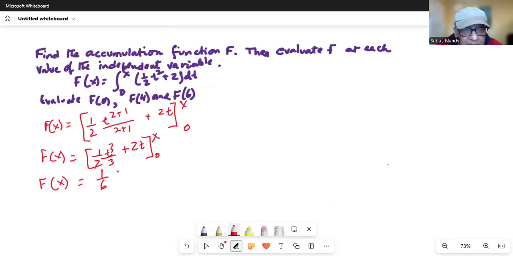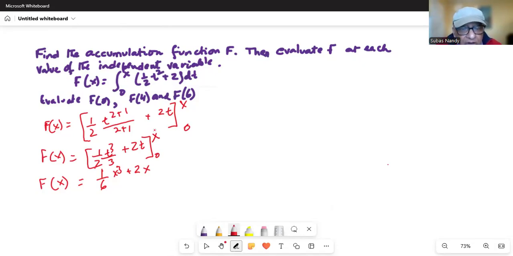The upper limit is x, so it is x cubed. The lower limit is 0, so we'll not bother with it, plus 2x. Again, the lower limit being 0, we will not bother with it.